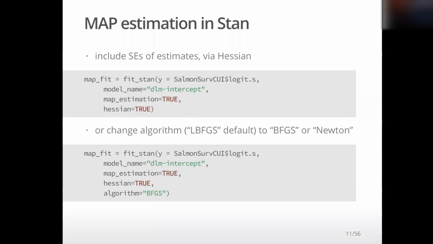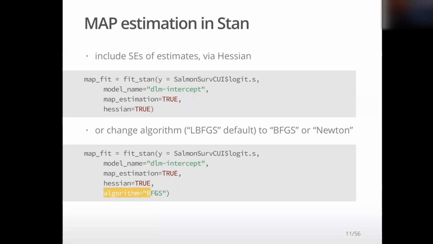So if we can return that, invert that Hessian matrix, and pull out the diagonal of that, that will essentially be the variances of the parameters that we want to use to generate confidence intervals, for example. So again, the only other flag that we've included here is just to turn this Hessian estimation on or off.